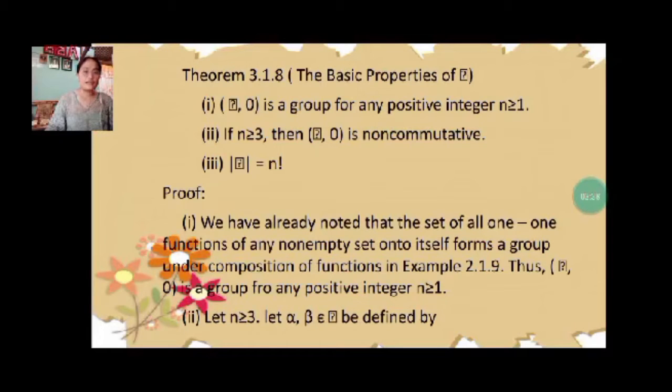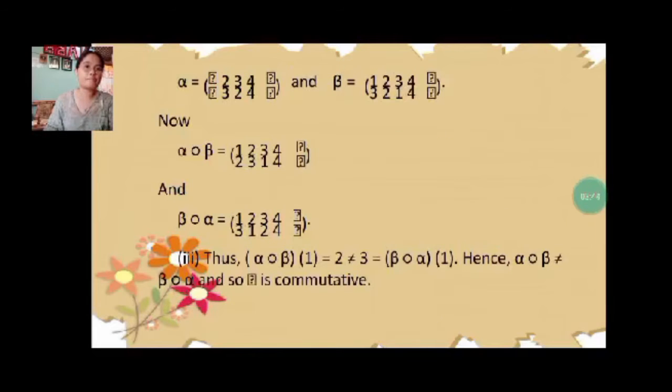Let alpha, beta, elements of S sub n, be defined by alpha is equal to 1 to 2, 2 to 3, 3 to 2, 4 to 4, and beta is equal to 1 to 3, 2 to 2, 3 to 1, 4 to 4, up to n.